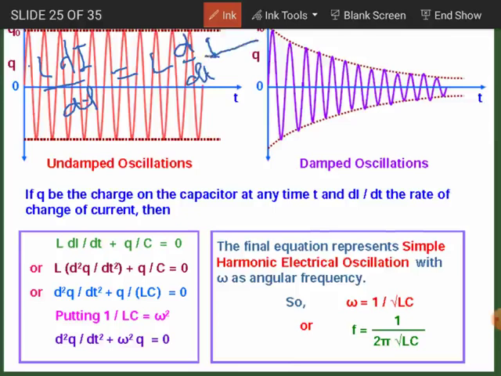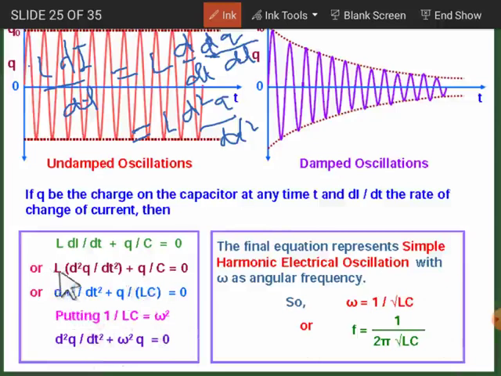So instead of this I, you take it as dq by dt. So this will be equal to the double differentiation of the charge, d square q divided by dt square. We can write it like this. So that is what I'm doing here. So double differentiation of charge plus this q by LC.